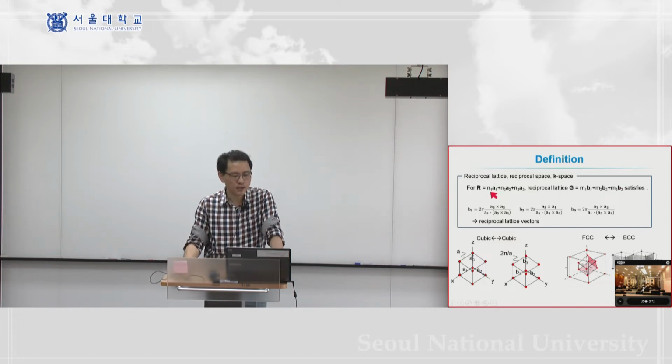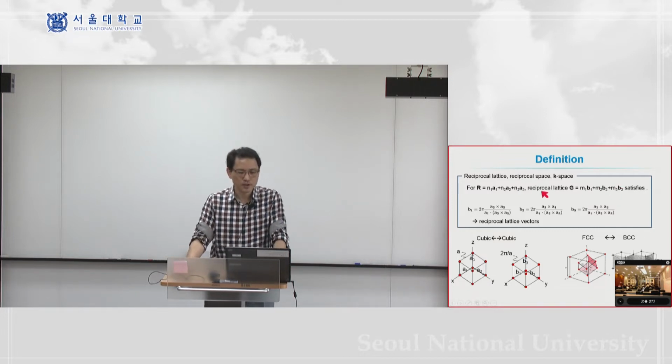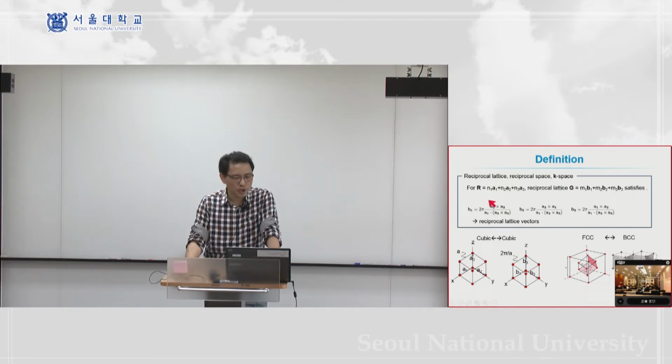Like you know, in real space A1, A2, A3 represent the periodicity in real space. In reciprocal space, B1, B2, B3 represent the periodic structure of K-space. B1, B2, B3 are obtained by cross products of A1, A2, and A3. This is the mathematical definition, and these are called the reciprocal lattice vectors.